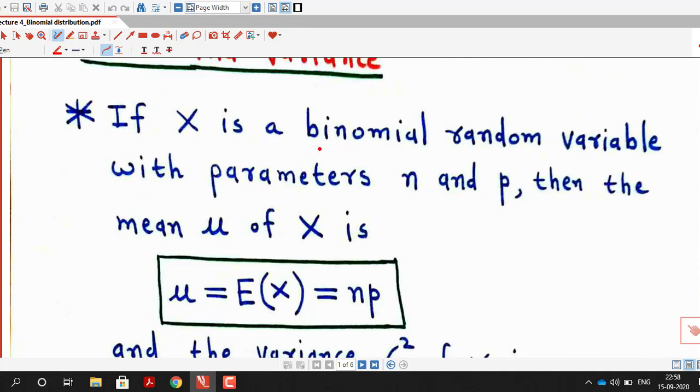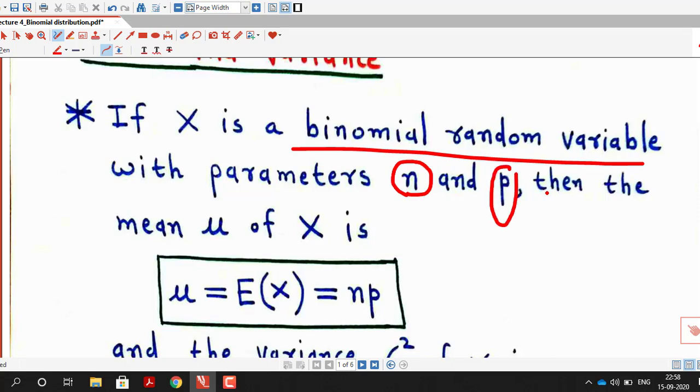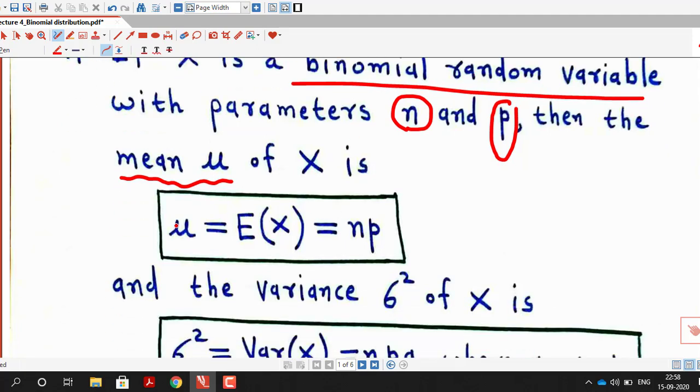So suppose X is a binomial random variable with parameters n and p. N means number of trials, p means probability of success. Then the mean mu of this binomial random variable X is given by mu equal to, this is another notation, expected value of X equal to n into p, that is number of trials into probability of success.